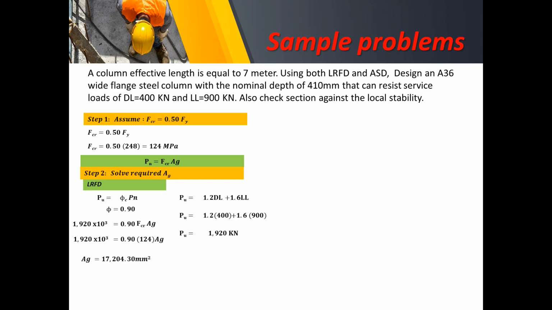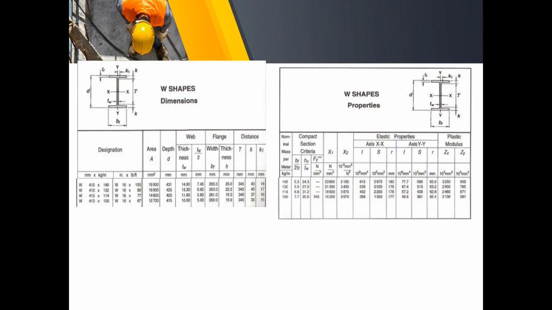Hence, in the problem, we are focused only on the wide flange steel column with a nominal depth of 410 millimeters. So, from the table, we look into the sections of W410 with various unit weights in kilograms per meter.